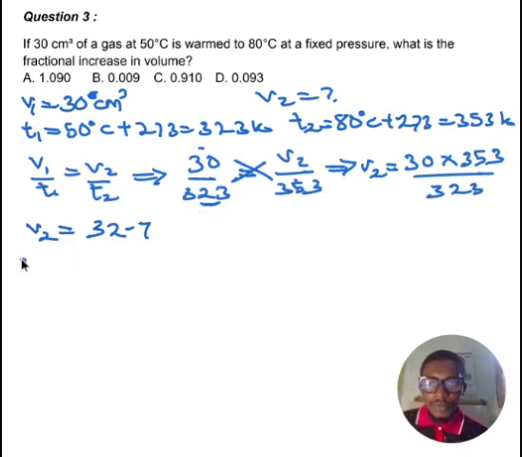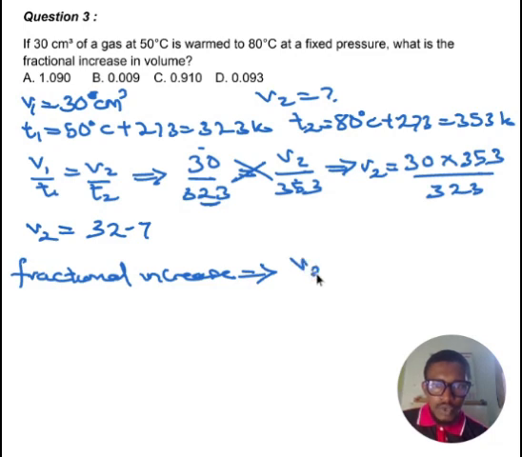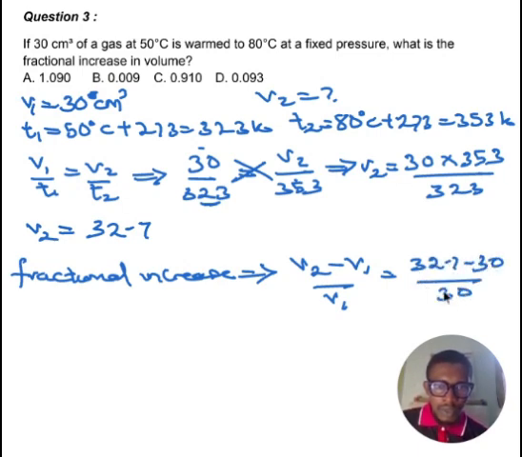Now for the fractional increase, it becomes V2 minus V1 divided by V1. That is equal to 32.7 minus 30, which gives us 2.7, divided by 30.